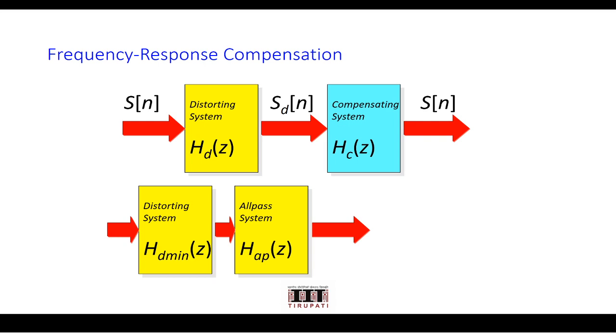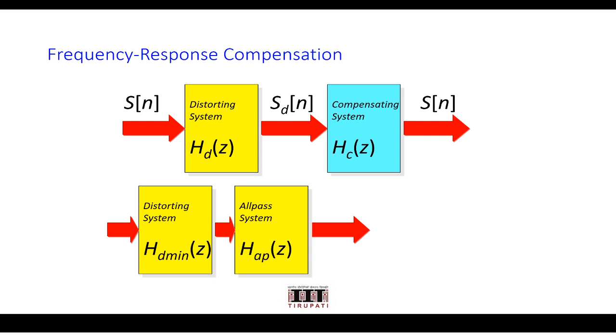Not necessarily. In a simple way, H_C of z is nothing but 1 by H_D of z. We have discussed that during inverse systems, right? Notice that we don't have the distorting system in our control. All we do is model it. So its inverse, 1 by H_D of z, might not have all its poles and zeros inside the unit circle. All we are assuming is that the communication channel which is introducing some noise is causal and stable.